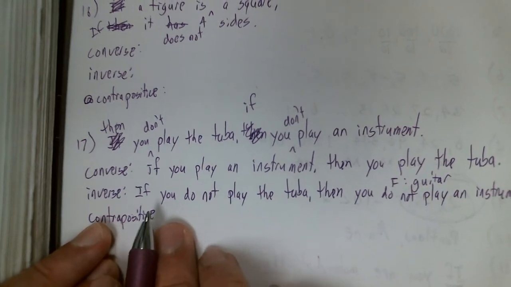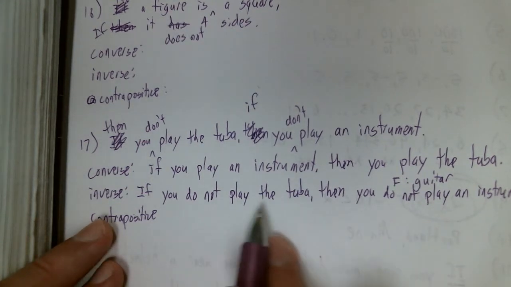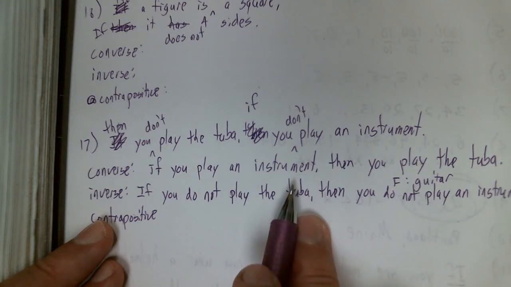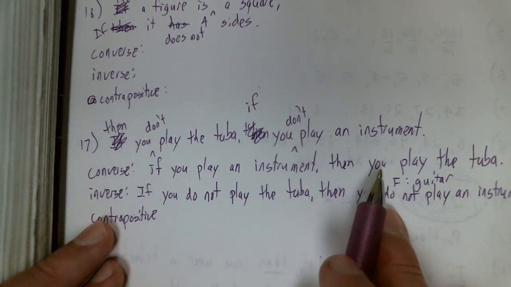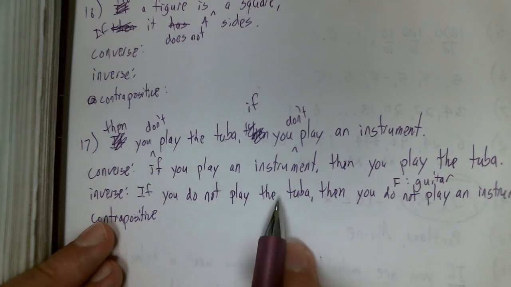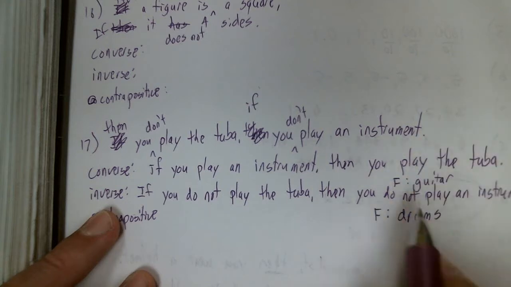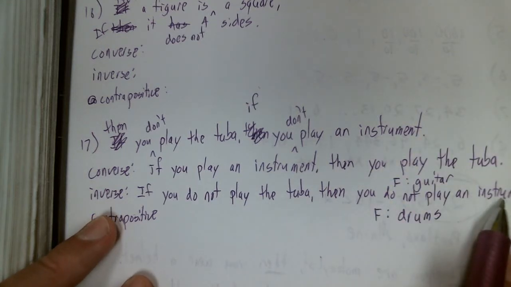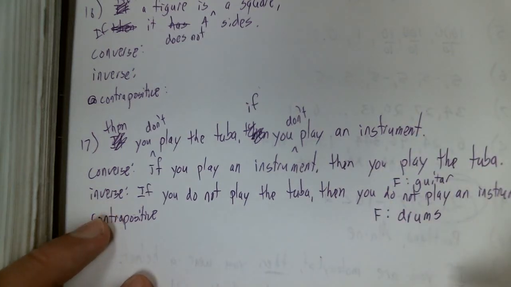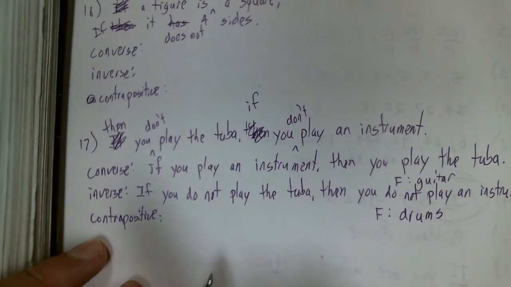If you do not play the tuba, then you do not play an instrument. That's also false. If I don't play the tuba, I can still play the same counterexamples. So a lot of times the counterexamples for the converse will be the same counterexamples for the inverse. Again, I could play drums or whatever, so this one's false. I'll put drums. I could play the drums and I still play an instrument. Piano, cello, whatever.